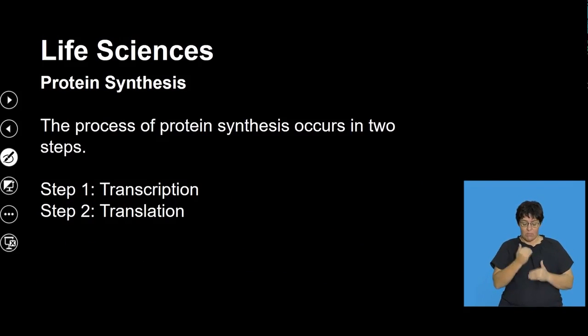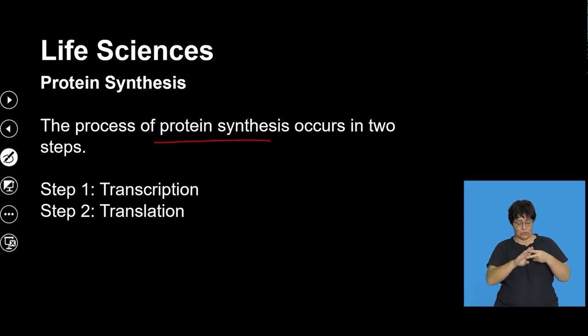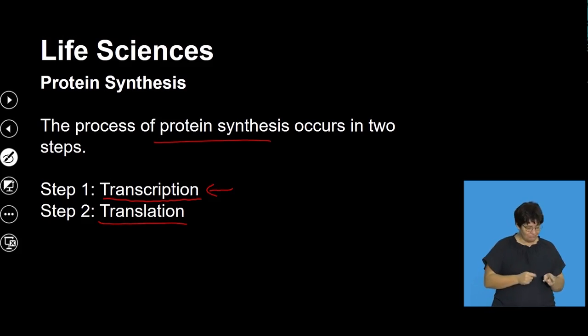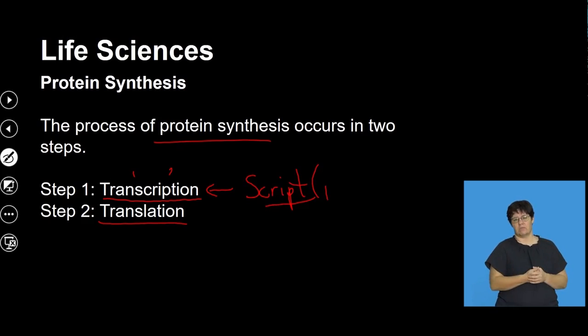So the process of protein synthesis consists of two predominant steps. The first step is called transcription and the second step is called translation. I'm going to pause at the word transcript and draw reference to what a script is. A script could be a message, it could be information. And that information is essentially information that has a specific code.